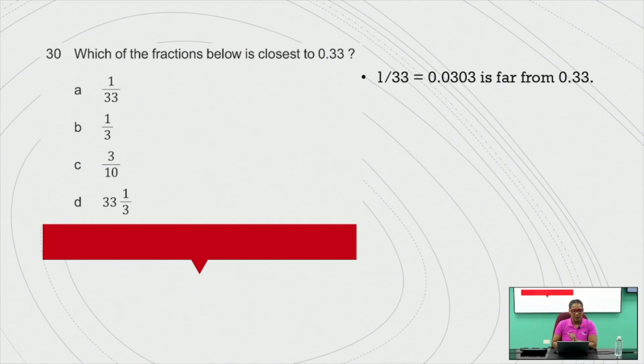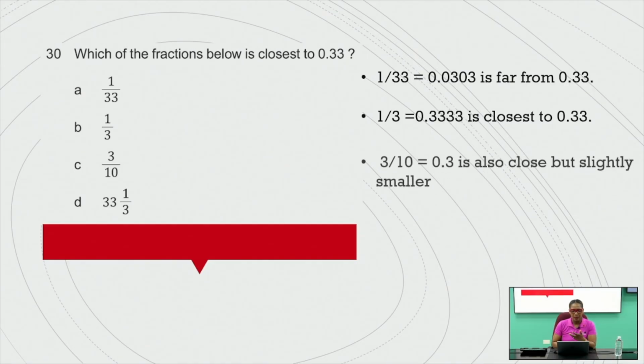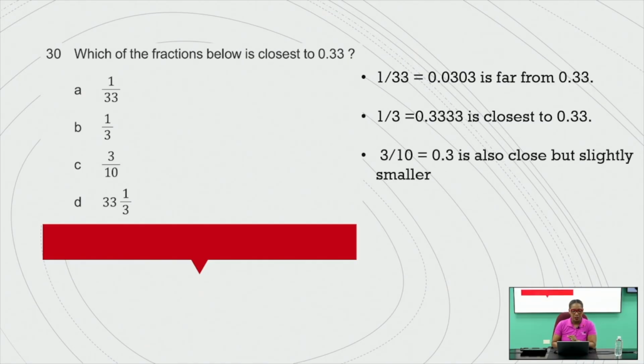So we're not going to say that's the correct answer. 1/3, when you divide it, it's a recurring decimal, and it's going to give you 0.333 continuing forever. Infinity. Never stops. Good. But if I were to round it off, I could round it off to 0.33. So pretty much 1/3 looks like my correct answer. But let us look at all the other options we have there to concretize why we are going to choose B as our best option.